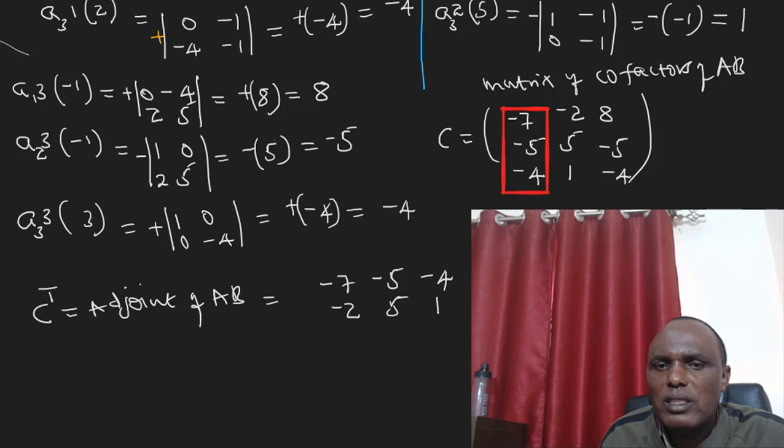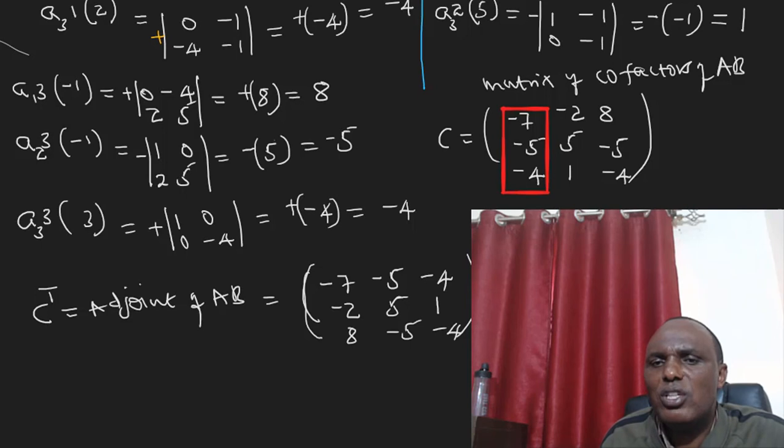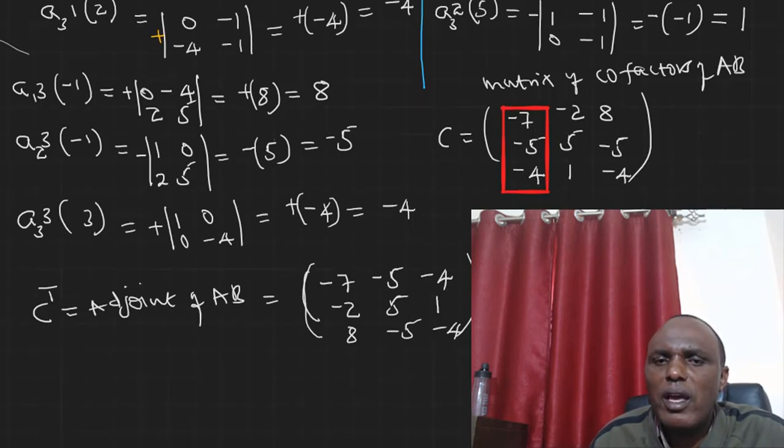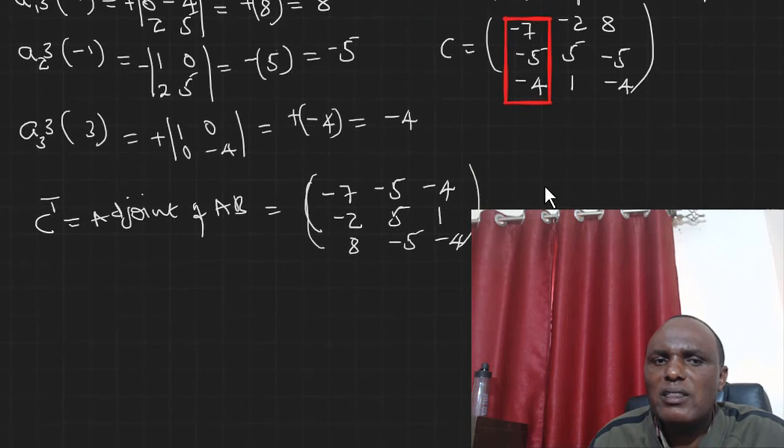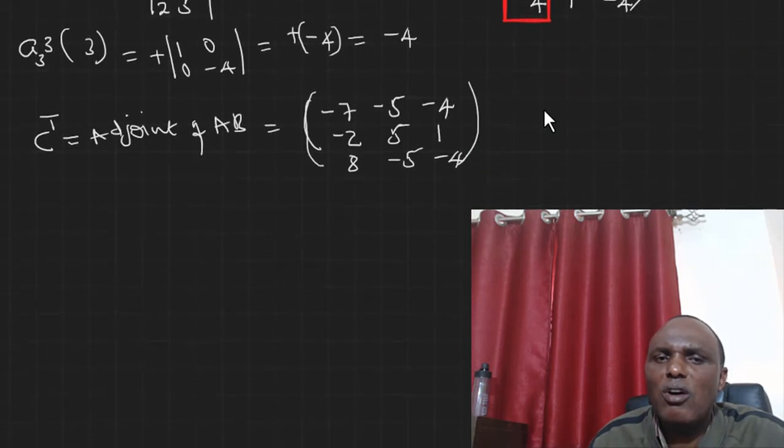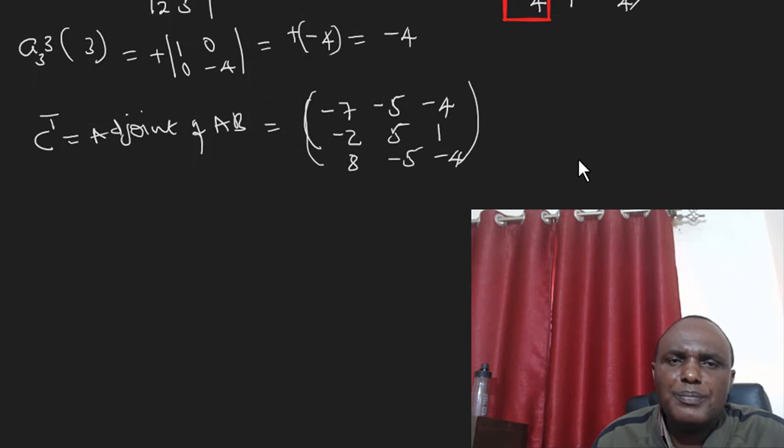The other one is 8, negative 5, negative 4. Now we have transposed that matrix, and we have the transposed matrix of the cofactors of matrix AB, and it is the one we call the adjoint of matrix AB.